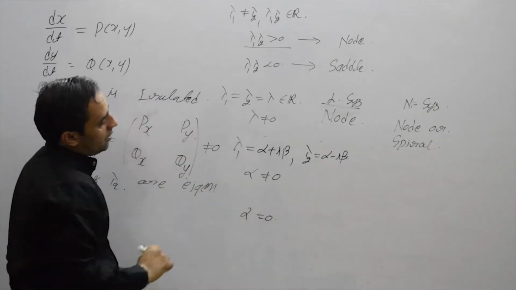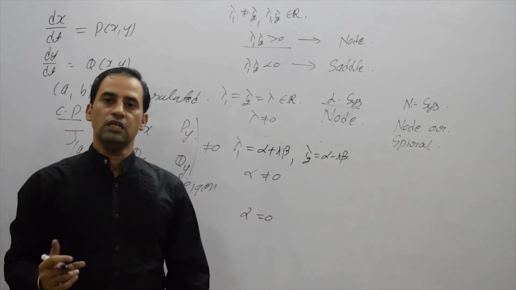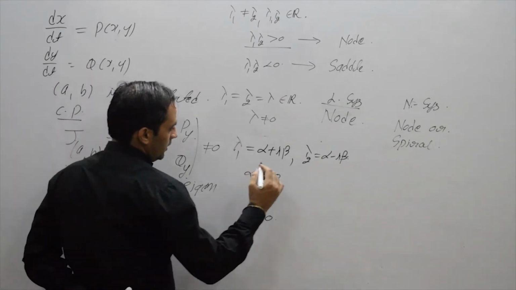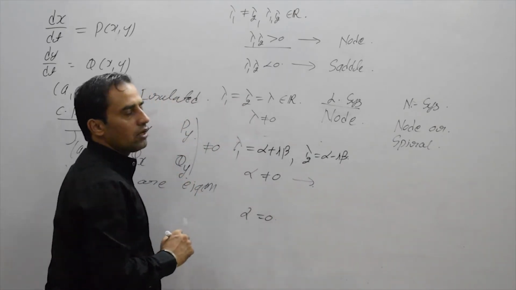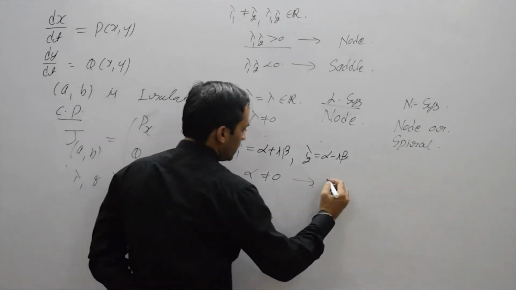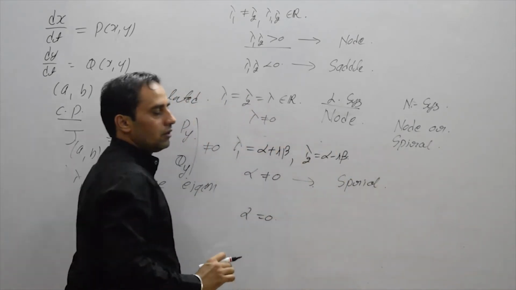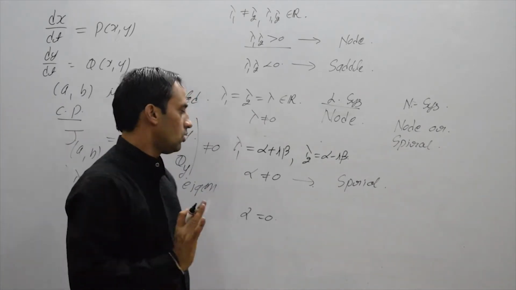That is, the roots are complex with a non-zero real part, or the roots are complex with zero real part, that is, purely imaginary roots. In the first case, the critical point for both linear and non-linear systems is always a spiral.